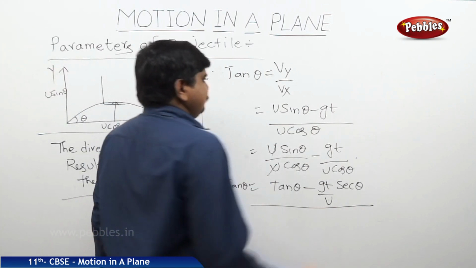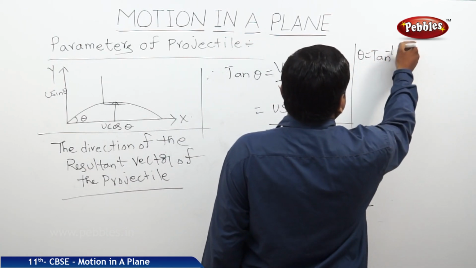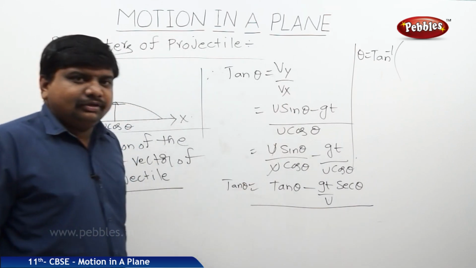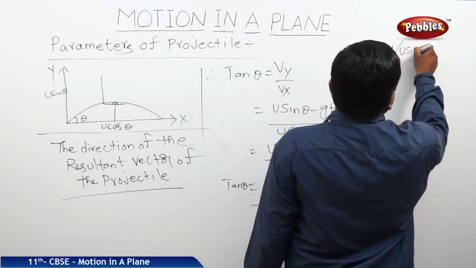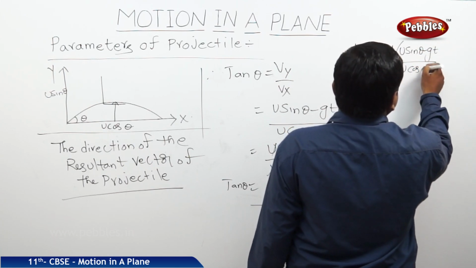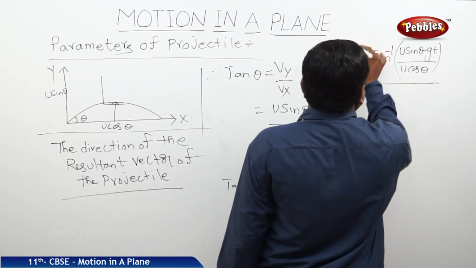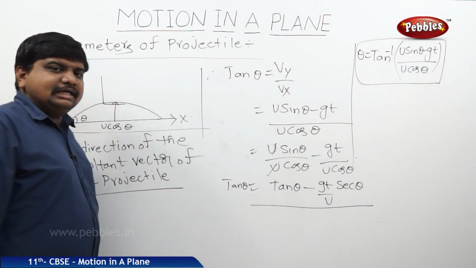So what is the angle of the resultant? Theta is equal to tan inverse, the simplified form, u sin theta minus gt by u cos theta. This is the direction of the resultant.